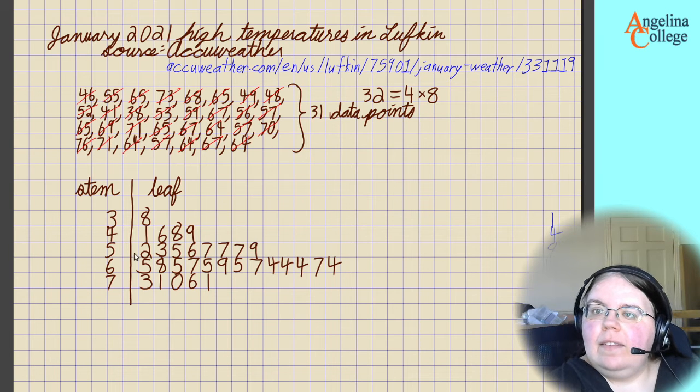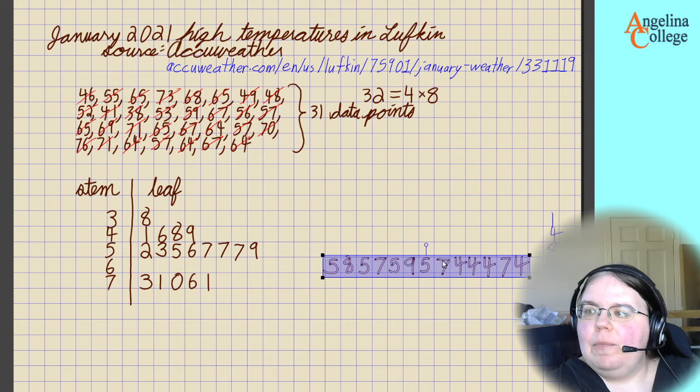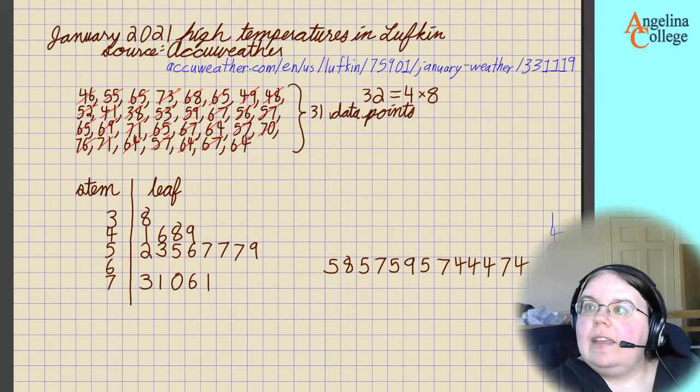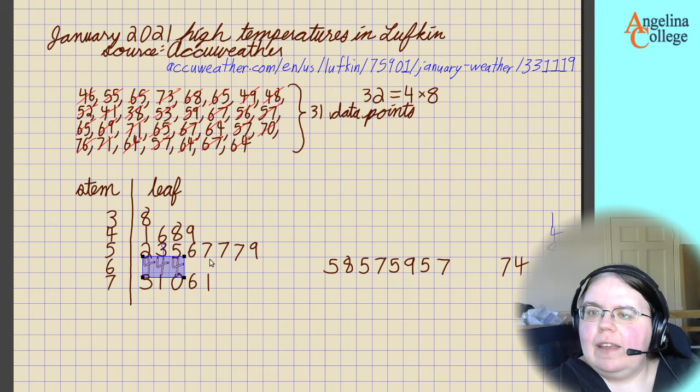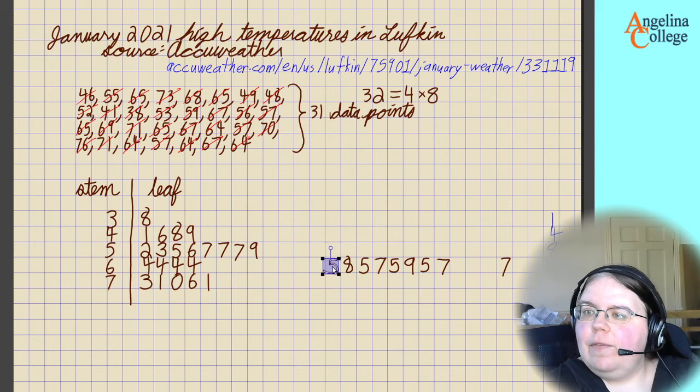Now the 60s look a little more complicated, and that's probably just because there are more of them. Let's see, it looks like the 4s are my lowest element. If I've overlooked something, I'll find it as I'm organizing things. So I'll move over the 4s, and then the 5s.